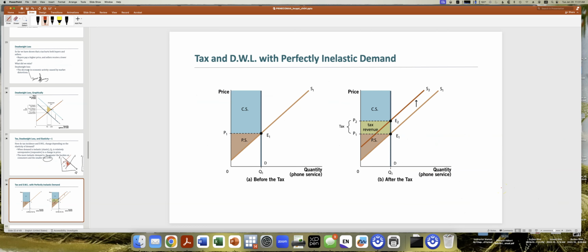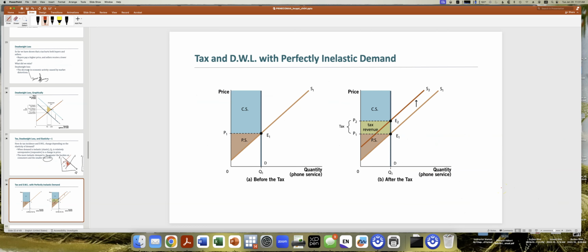Here, the consumer is paying 100% of the tax. All of the tax revenue is coming from them.